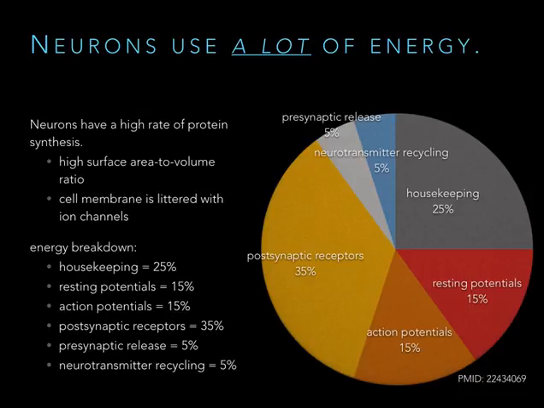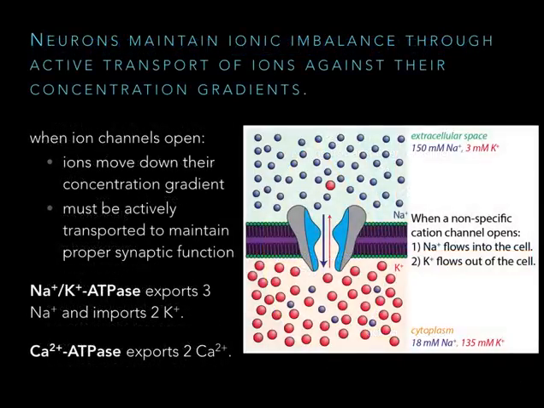So the neuron has a high energy budget, and a lot of its energy is spent on maintaining that ionic imbalance. Around 25% of the ATP used by a neuron is used to fuel the sodium-potassium ATPase, because the ionic imbalance is constantly being perturbed by leak channels at rest and by gated channels during synaptic transmission or the firing of action potentials.